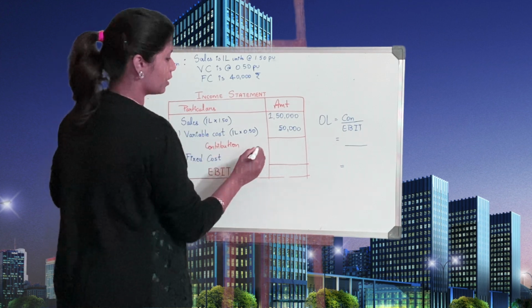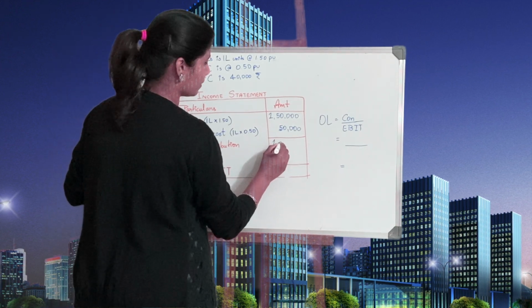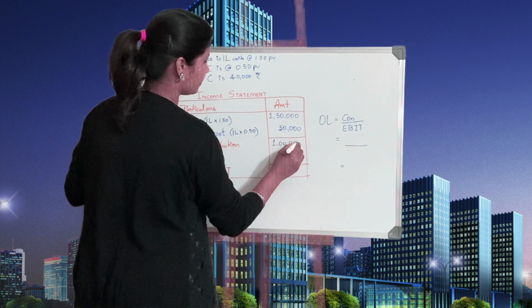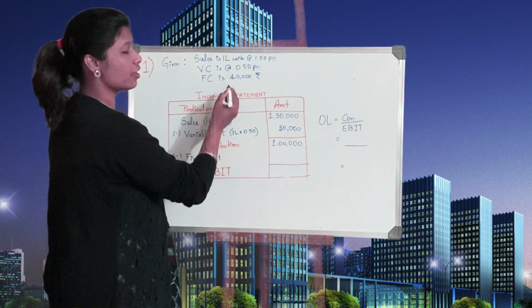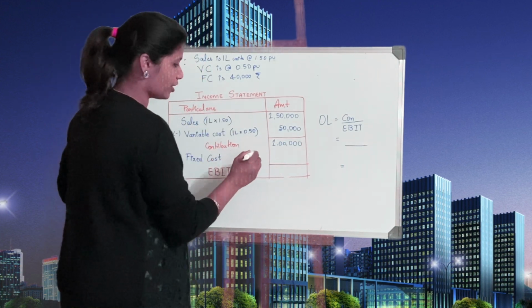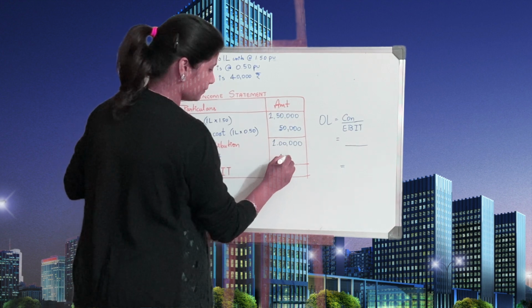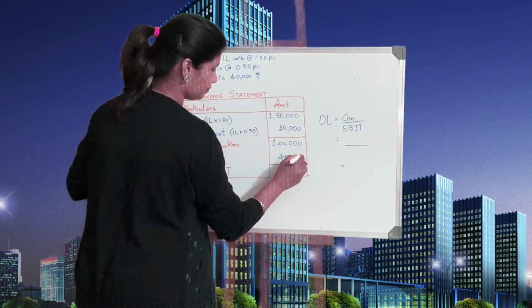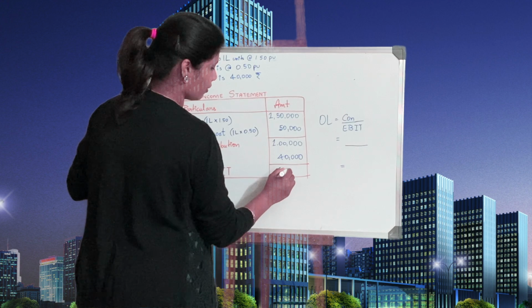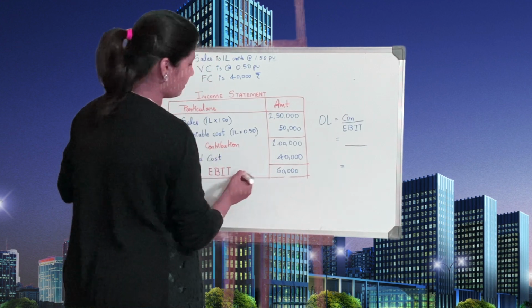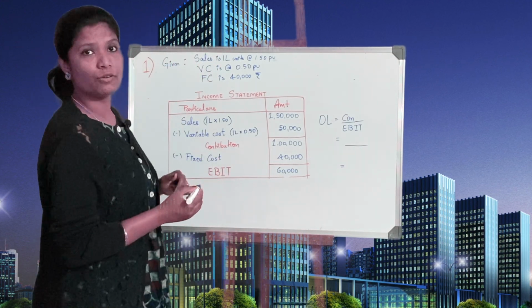Sales minus variable cost, you'll arrive at contribution at rupees 1 lakh. Next, fixed cost is directly given in the question, so you'll just write 40,000. So that will give you the answer of EBIT, which stands for 60,000 rupees.